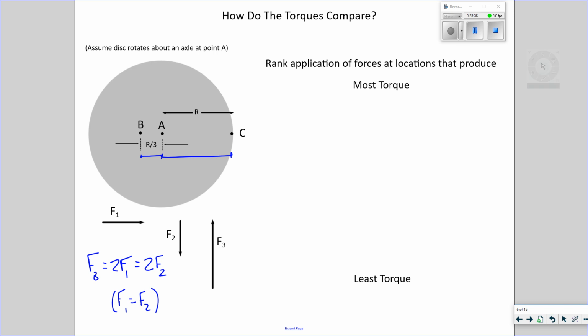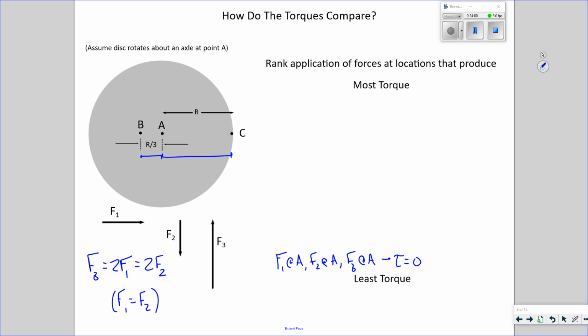So that means that any force, so F1 at A, F2 at A, F3 at A, torque is 0. You can push as hard as you want at the place where something rotates.